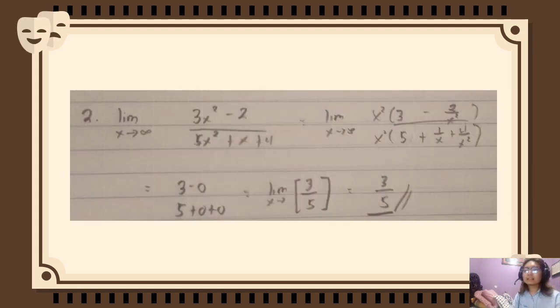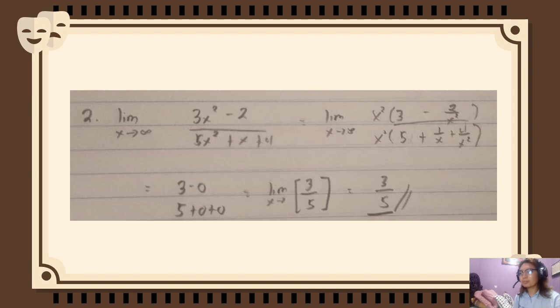Number 2: the limit as x approaches infinity of 3x squared minus 2 all over 5x squared plus x plus 4. What I did was factor out x squared from both, then divide. The terms become 2 over x squared, 1 over x, and 4 over x squared. As x approaches infinity, these are automatically 0.